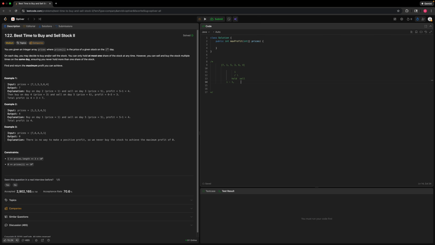If the previous is hold, how can I write this?